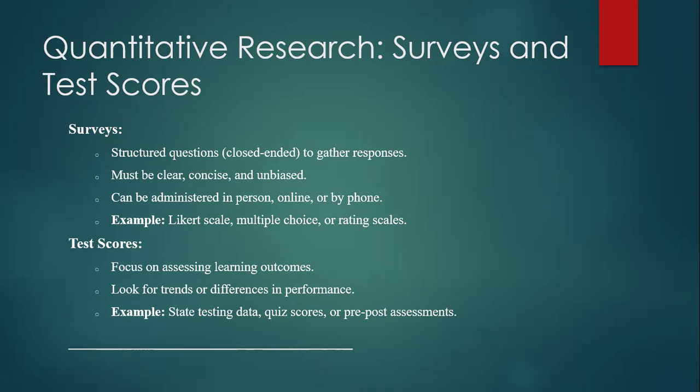So surveys in quantitative research generally use structured questions or closed-ended questions. Closed-ended questions are questions where you can ask true or false, multiple choice, anything that has a yes or no. They would not be open-ended, where someone writes how they feel about something, makes a comment, or asks a question.